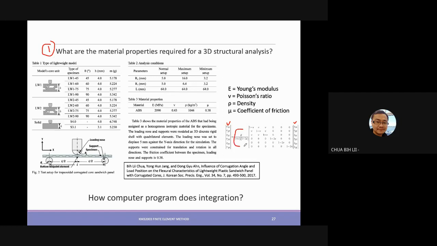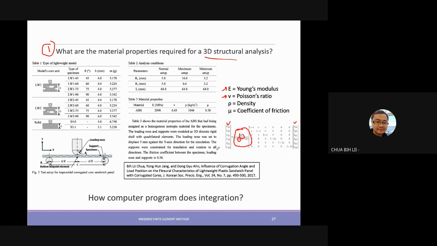It has the B matrix, the same as before, but then you have the E matrix, and also the V. Therefore, for a 3-dimensional structural analysis, what you need in addition, beside the Young modulus, is the Poisson ratio.